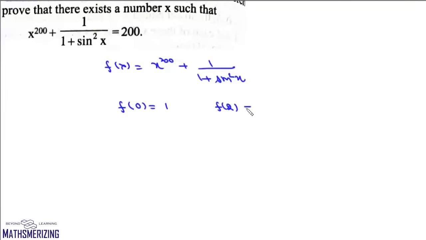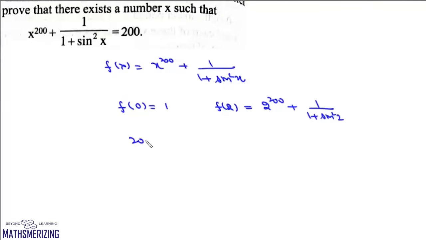Now here the question is prove that there exists a number x such that x to the power 200 plus 1 upon 1 plus sine square x equals 200. Now what we'll do is we'll take this as some function f(x) and it'll be x to the power 200 plus 1 upon 1 plus sine square x. Now if we find f(0), f(0) is 1, and if we find f(2), f(2) will be 2 to the power 200 plus 1 upon 1 plus sine square 2.